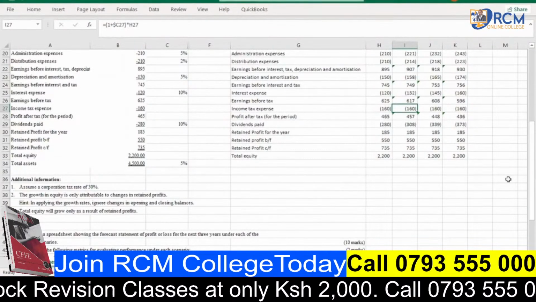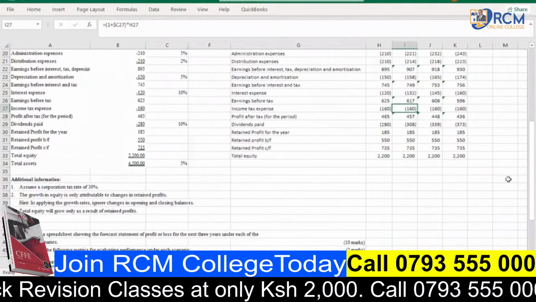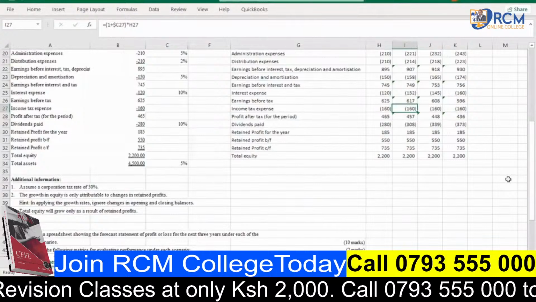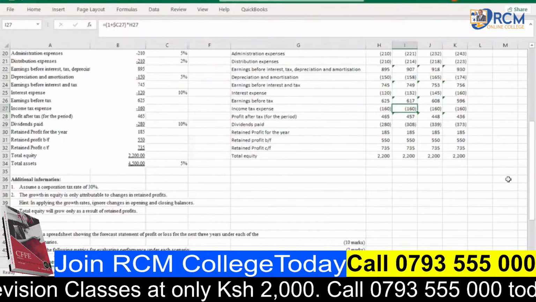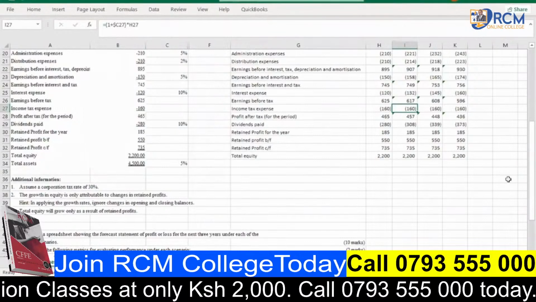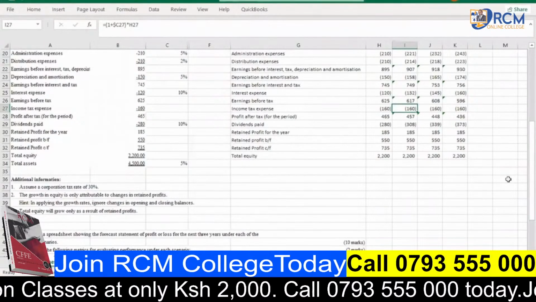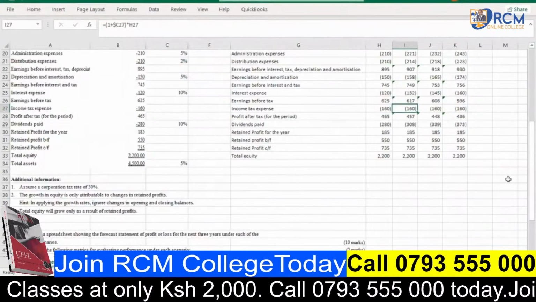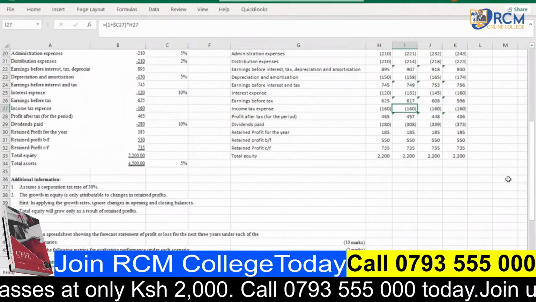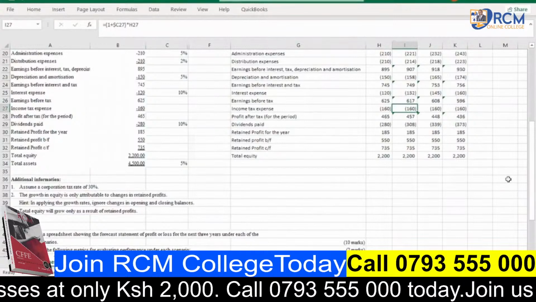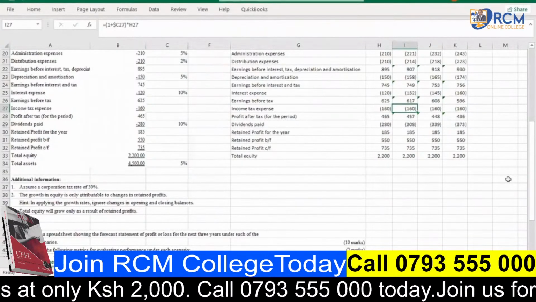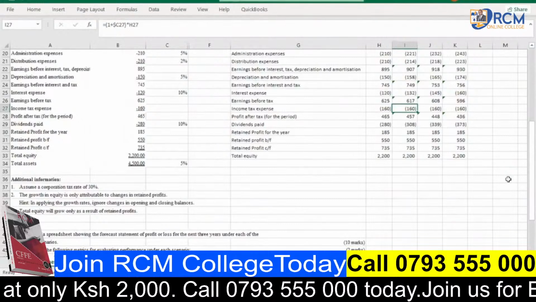Not 160, although 30% by 617 plus 185. So somebody is telling us that we take earnings before tax, then we add, what is this 185? Then we add profit for the year.